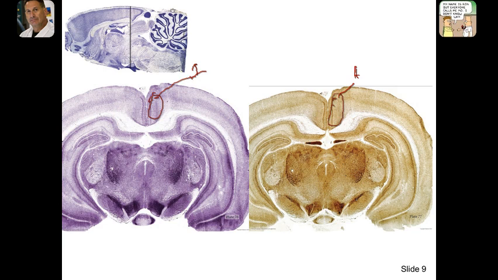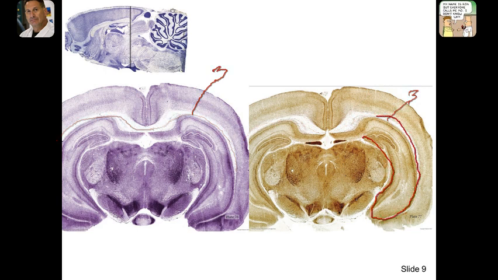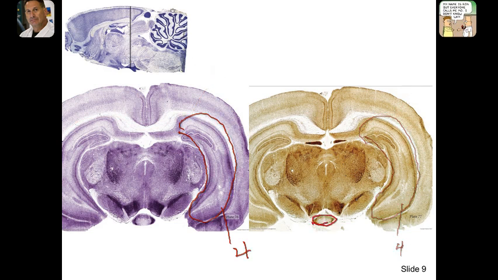Small white matter tract that hooks up all of the cingulate cortex is there. Cingulum. Corpus callosum, crossing fibers. The hippocampus. The mammillary body of the rat.